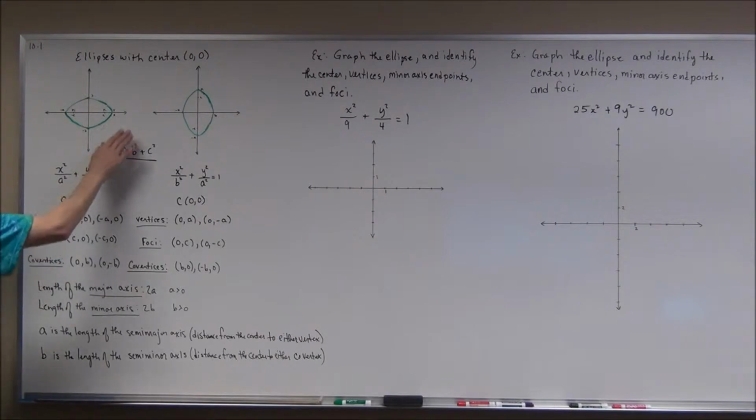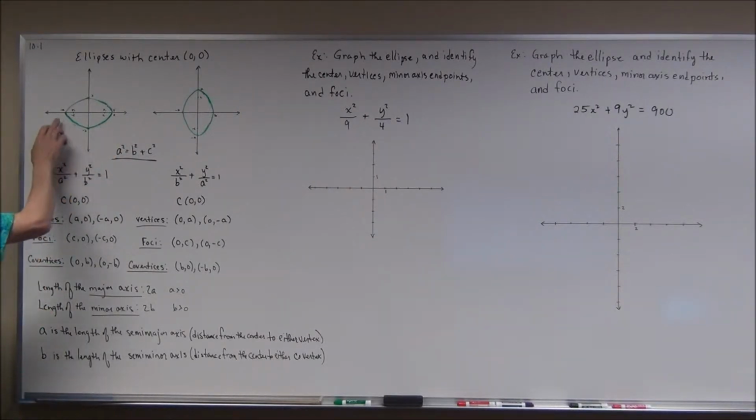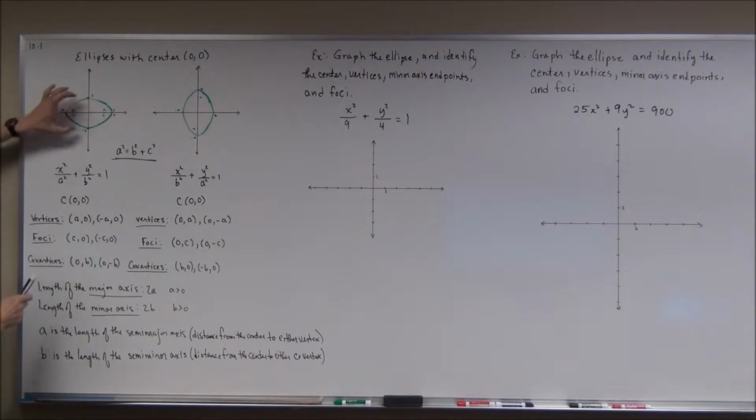This book says that the distance between the vertices, this line segment, is called the major axis, and this line segment from the co-vertices is called the minor axis. And we say that the co-vertices are the endpoints of the minor axis, just as the vertices are the endpoints of the major axis.